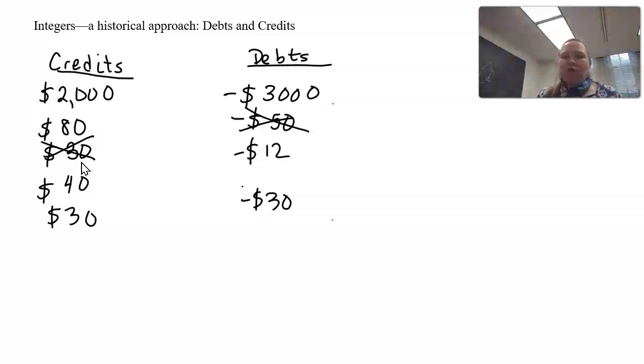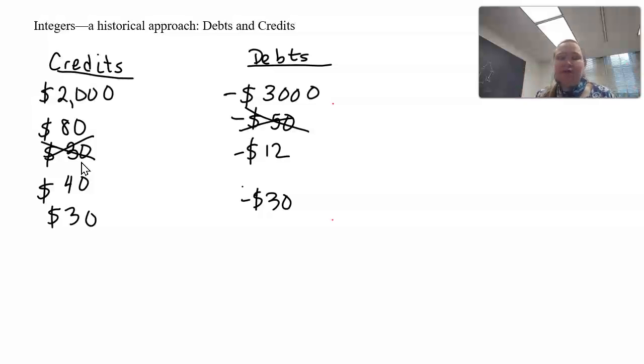And the way that we record these, at different times, we've had different ways of recording these credits and debts to keep everything neat and organized, organized in a way that is going to make sense and be useful for the person using that organization.